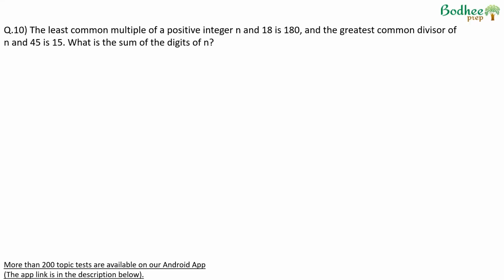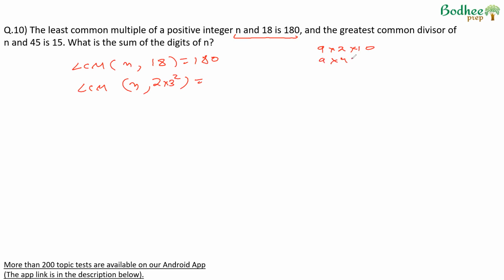The least common multiple of a positive integer n and 18 is 180. LCM of n and 18 is 180. 18 is 2 into 3 square. 180 is 9 into 2 into 10, or 9 into 4 into 5.